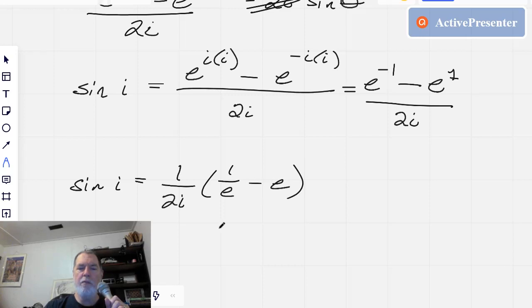I think that's a little prettier. And again, if we don't like this i in the denominator, we can multiply by i over i, and then we'll end up with i over 2, and all that's going to be negative now, times 1 over e minus e. Okay, and that's the sine of i. Bob's your uncle.